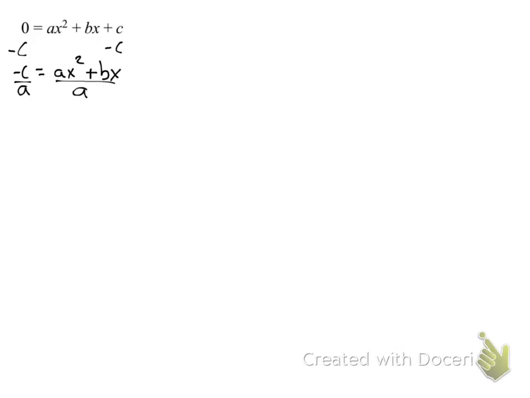This is nothing ground shaking yet. So, I think everybody should agree that the left-hand side would be negative c over a equals x squared plus b over a x. So is everybody okay with that?